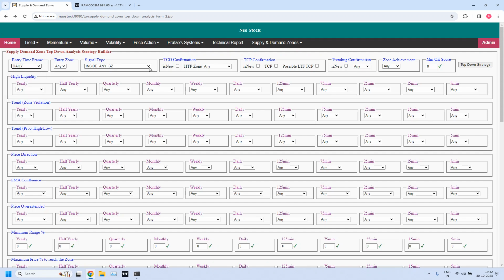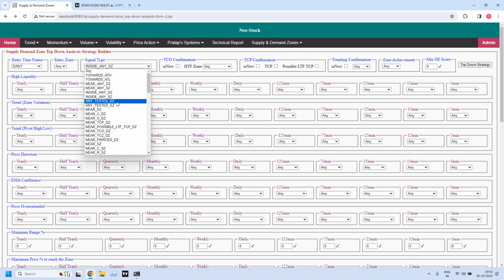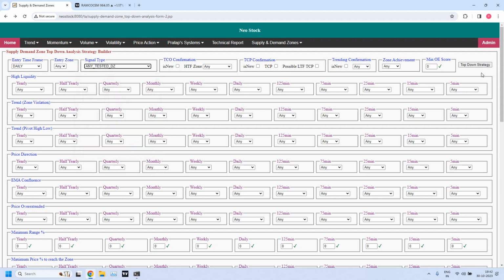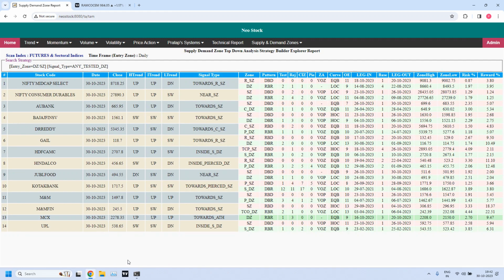Entry time frame daily. Let us find the daily demand zones. So 14 demand zones are tested today. This is the list.